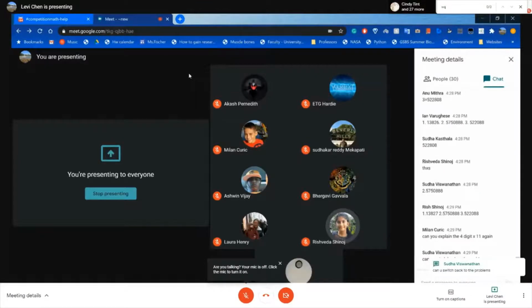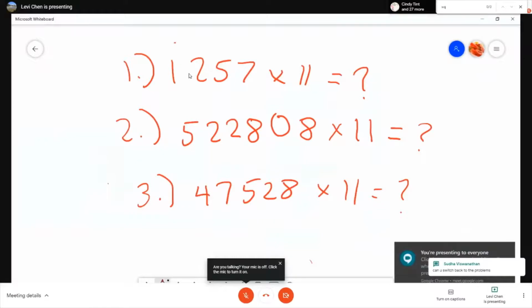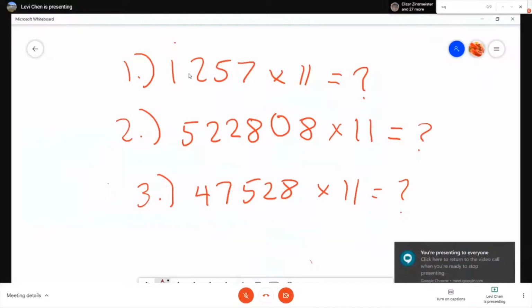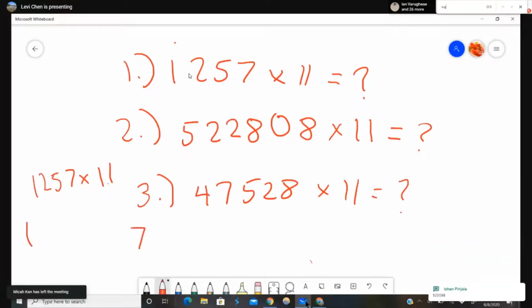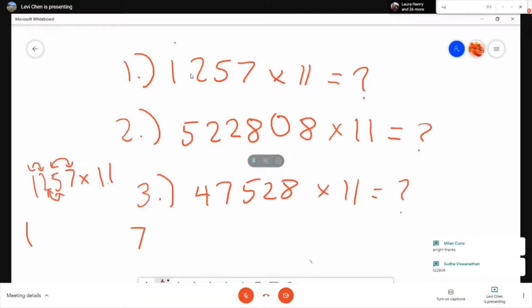Four digits by 11, okay. I'm going to solve it in the corner right here. It's the same thing. You move down the 1 and then 7. These two combine, these two combine, and these two combine. All right, you got it?